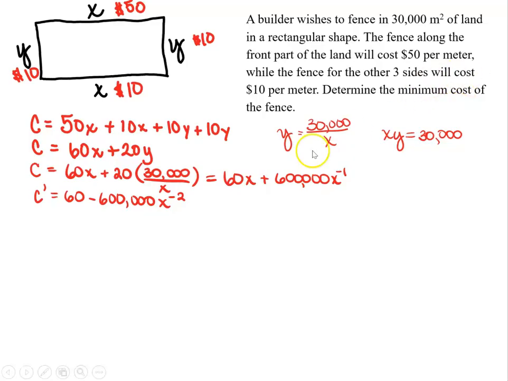So if I take the derivative of 60x, that's 60, and then negative 1 times 600,000 is negative 600,000, and then subtract 1 here, and that's going to be x to the negative 2. So you also could write it like this, where you move your x to the negative 2 down to the denominator and make it x to the positive 2.